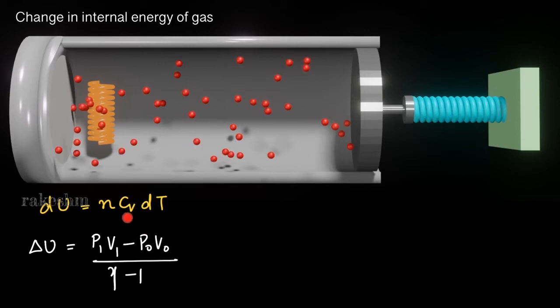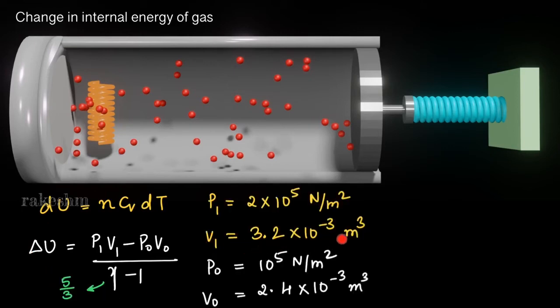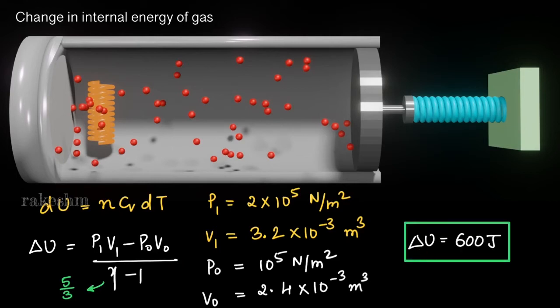Cv you can write as R by gamma minus 1, and nR dT will be nothing but d(PV), and integrating that we get (P final V final minus P initial V initial) divided by gamma minus 1. We have already discussed this, so just keep this also in mind. We have the final and initial thermodynamic coordinates, and the value of gamma is 5 by 3 for a monatomic gas, and we will now put our values in this expression. So we get the change in internal energy of the gas as 600 joules.